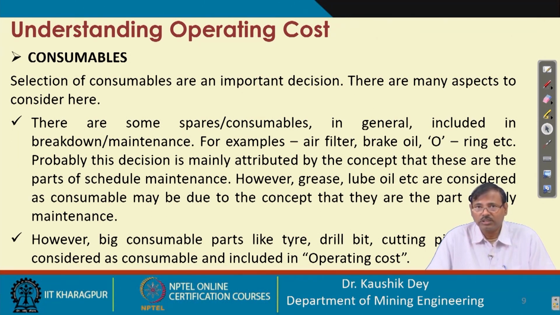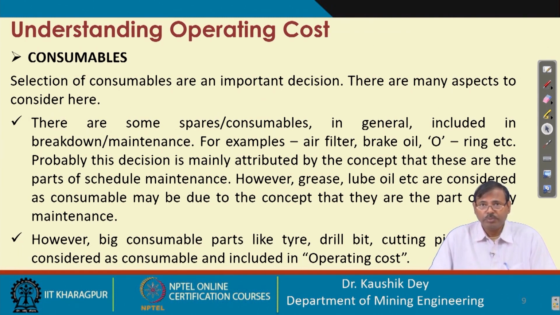So, this grease consumption is considered as the consumable, because after every shift that grease is being consumed. It is frequently being used, so it is considered as the consumable. So, this part should come under the consumable, not in the maintenance cost.